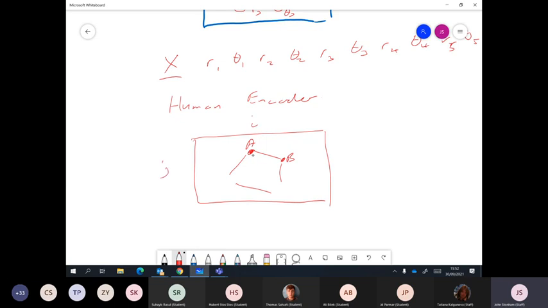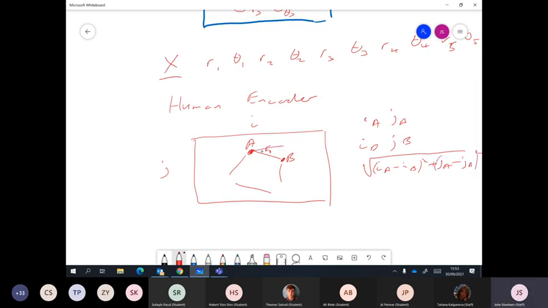It will give you the coordinates of A and the coordinates of B. And from that, if we've got those 2 points, this will be IA, JA, and IB, JB. You can work out this distance R1, and that will be simple Pythagoras. It will be the square root of (IA minus IB) squared plus (JA minus JB) all squared.